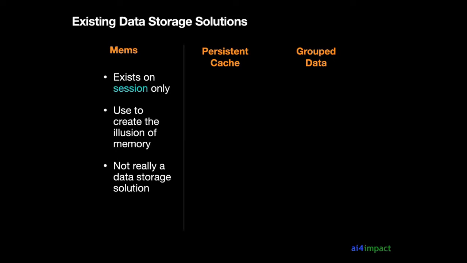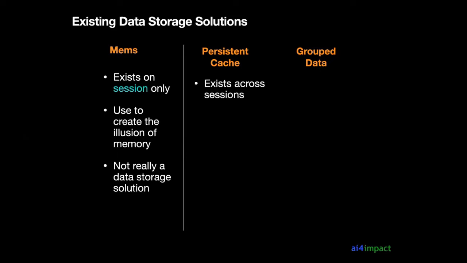So it's not really a data storage solution, it's just a way for you to store data for the session only. The persistent cache was a simple mechanism we put in place almost immediately after the MEMS to solve the problem of storing data across sessions. Oftentimes you want to store something like whether the user logged in or not, or maybe his preferences and so on. So the persistent cache is meant to be for the user, but it will exist across sessions.